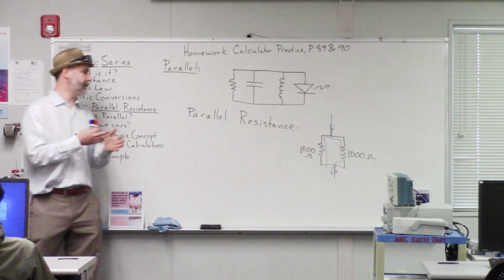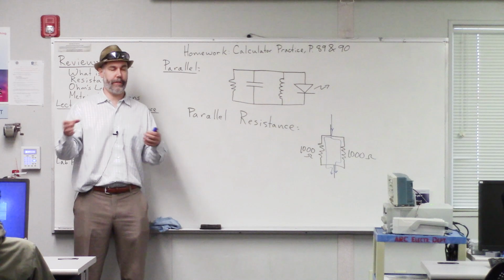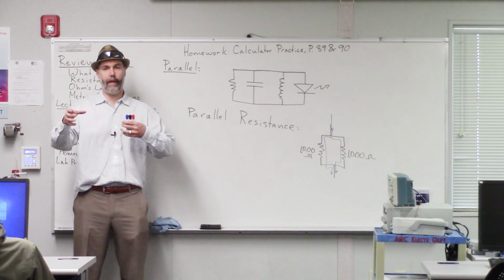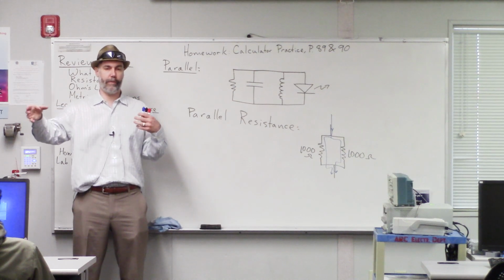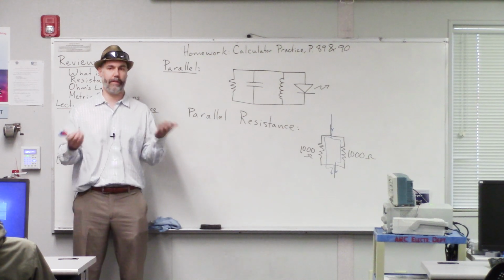When you had resistors in series, the more resistors you put in a row, the more resistance you had. It kind of made sense. The more resistors you have, you just add up all of their resistances together to get the total resistance. Okay? That kind of makes sense, I think.